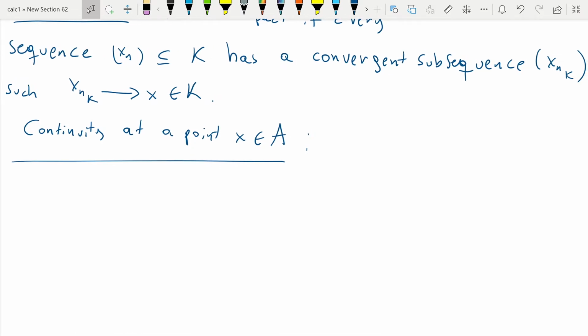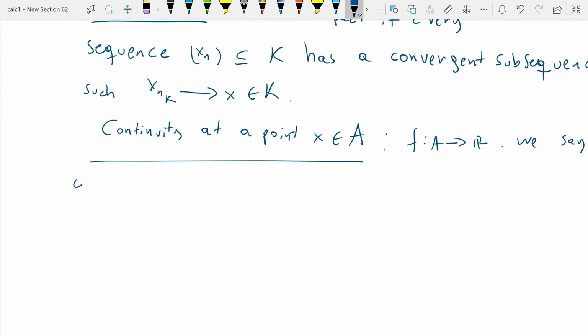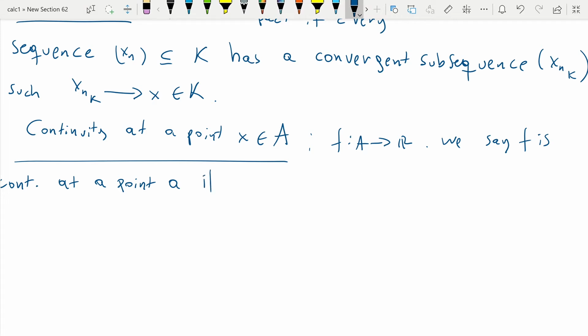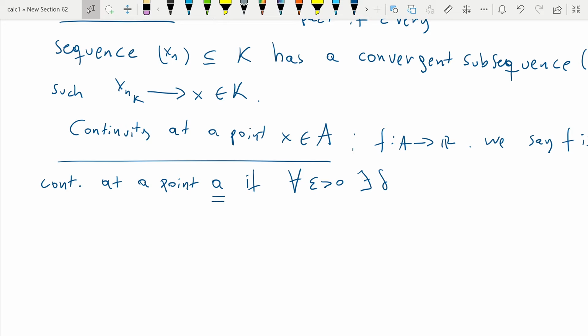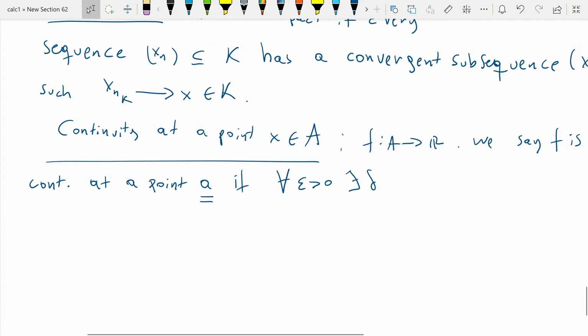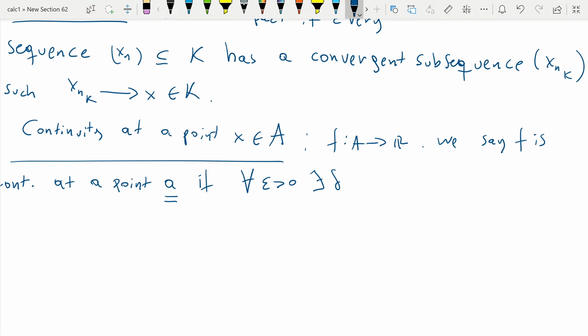So f going from A to R, a given function, we say f is continuous at a point a if for all epsilon greater than 0, this doesn't depend on anything, we can find a delta.